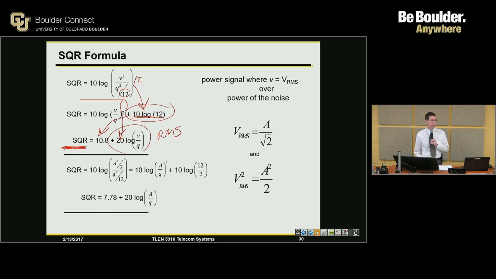So RMS is root mean squared, and it's the DC equivalent power of a sine wave. So you've got a sine wave, and the DC equivalent happens to be at the square root of 2 down, or 3 dB down.